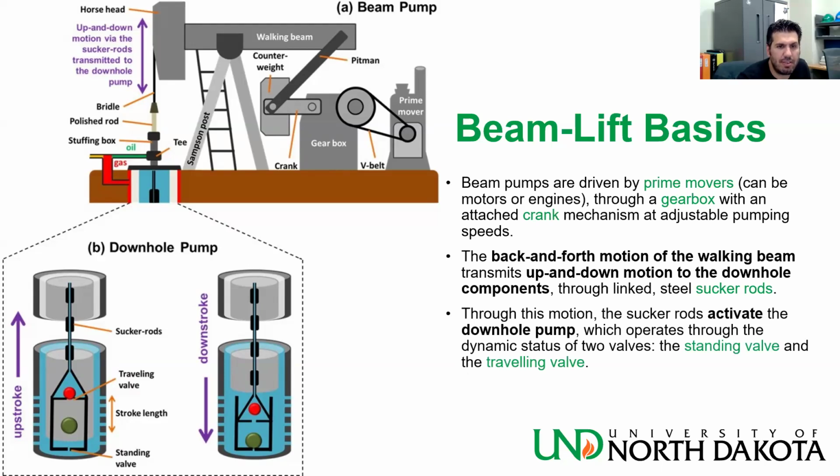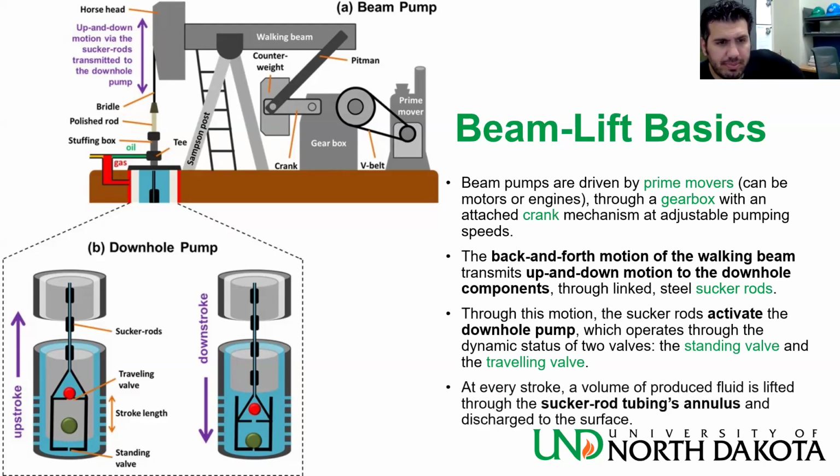Through this motion, the cycle rods activate the downhole pump, which operates through the dynamic status of two valves, the standing valve and the traveling valve. In every stroke, a volume of produced fluid is lifted through the cycle rod's tubing annulus and discharged to the surface.